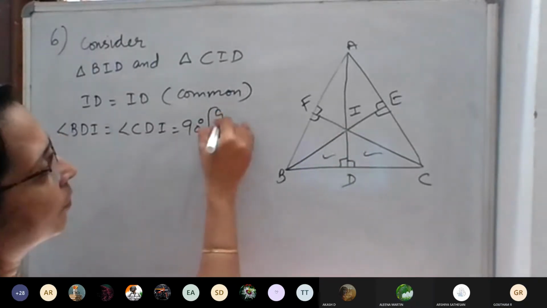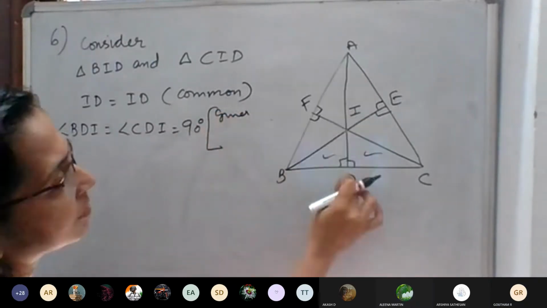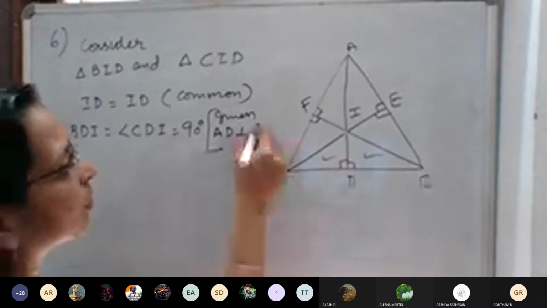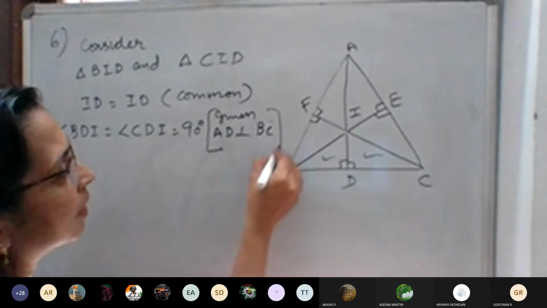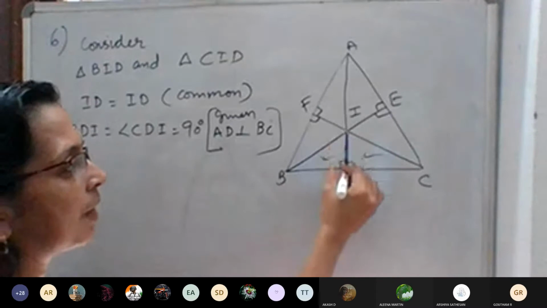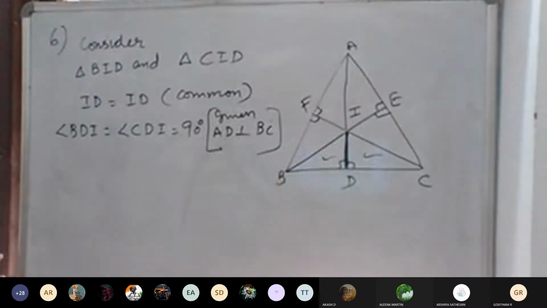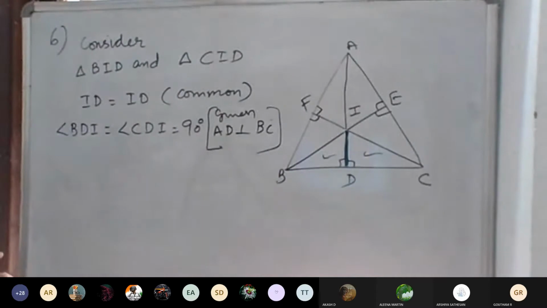Given AD is perpendicular to BC. AD's line is this ID also. So that's why it is perpendicular. Given AD is perpendicular to BC. That's why we wrote it's 90 degree.